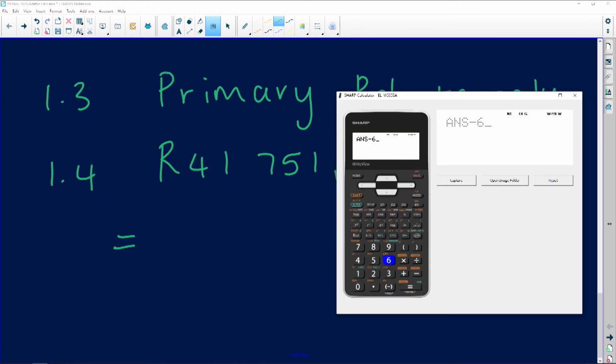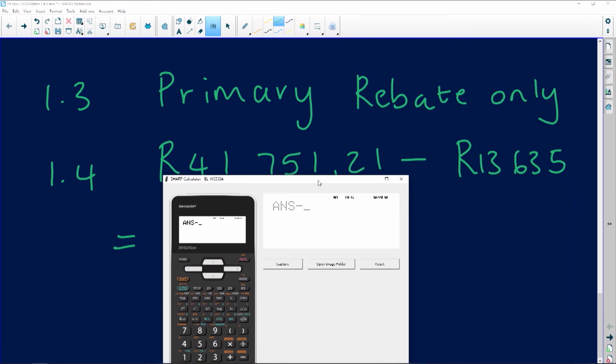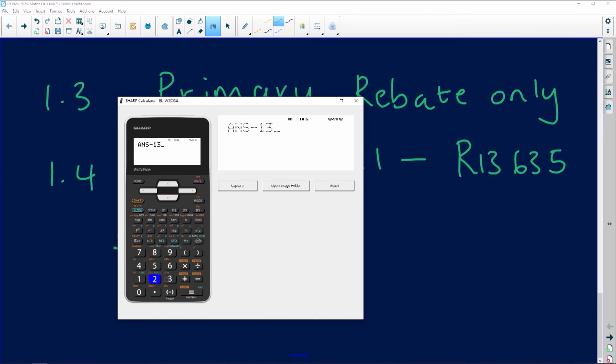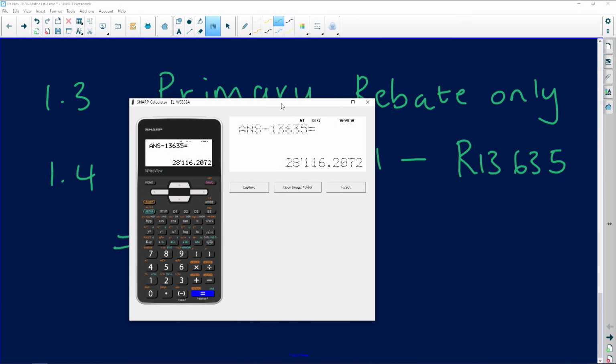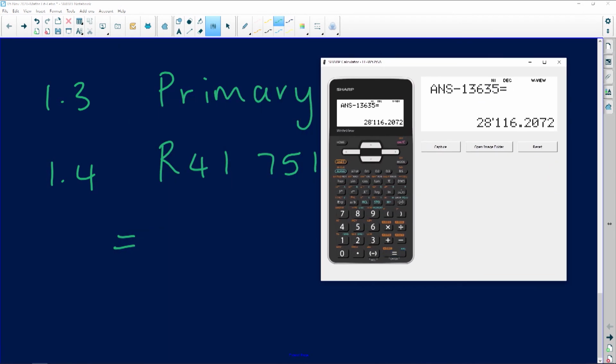So it's going to be 28,116. So this money is the money that this person is then, can you see it keeps on going down?